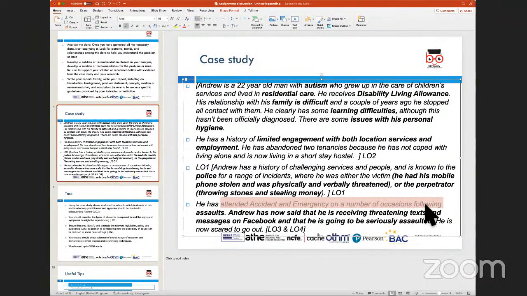That means there have been agencies involved in ensuring that he does not get assaulted, or at least that the chances of being assaulted get minimized. But they have not been successful in minimizing it. This is what they need to look at in terms of the role of practitioners and agencies in minimizing the impact and implementing safeguarding for this individual, Andrew. I think this is related to learning outcome 3.